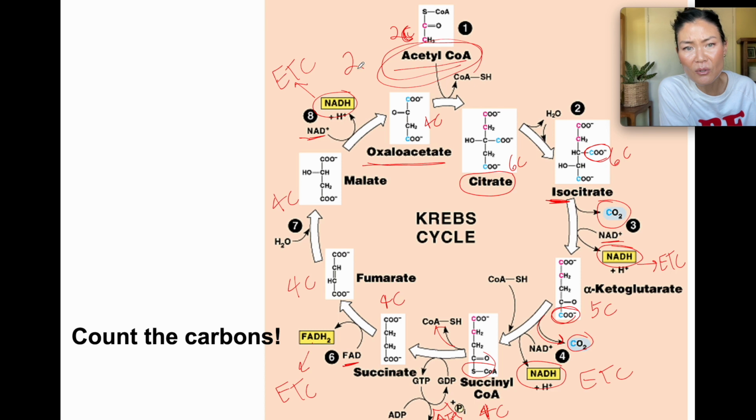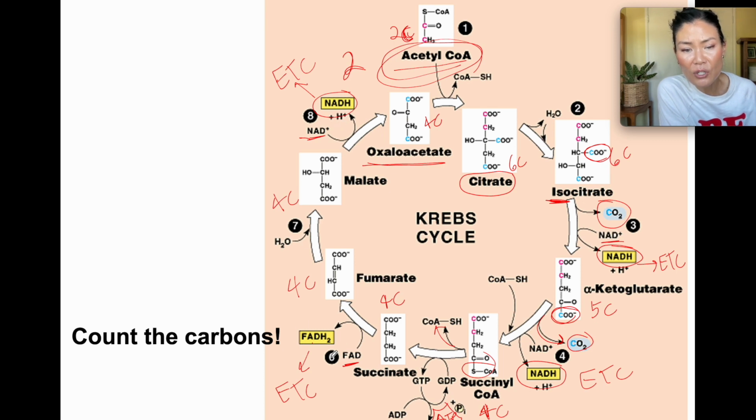It's actually 2, because remember 2 pyruvate were made in glycolysis. So that means that 2 pyruvate from glycolysis is responsible for 2 acetyl-CoAs. So really, from 1 glucose molecule, you get 2 pyruvate, 2 acetyl-CoAs. So then you have a total of 6 NADHs, not 3.